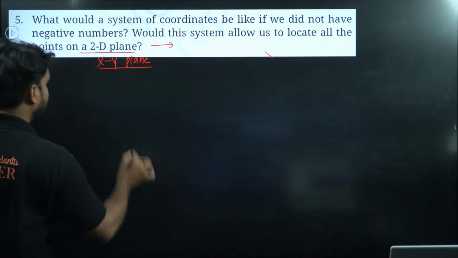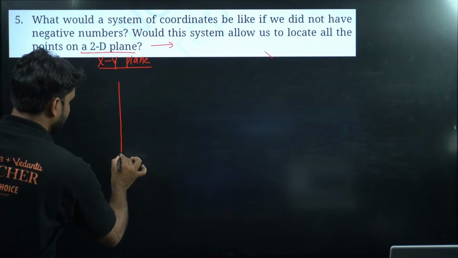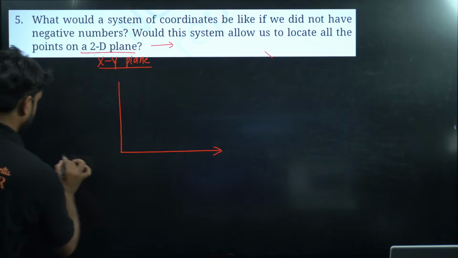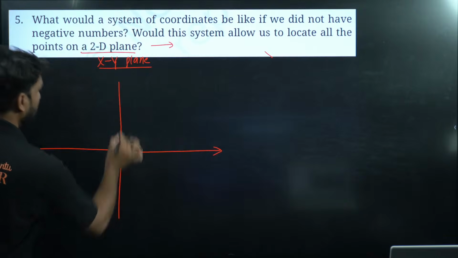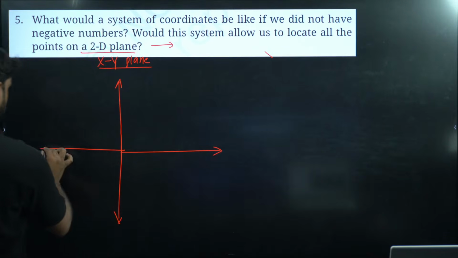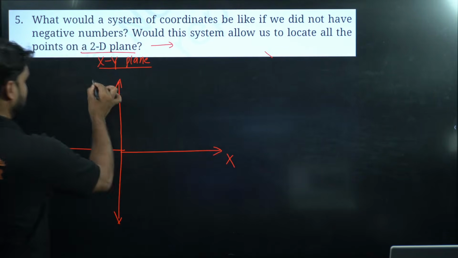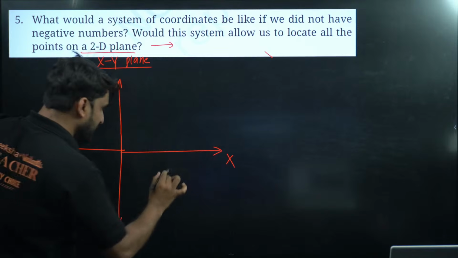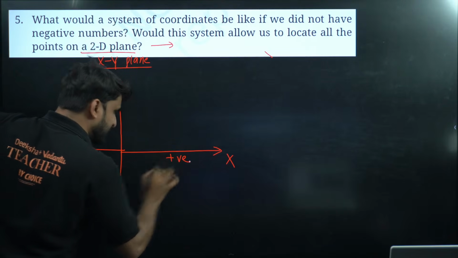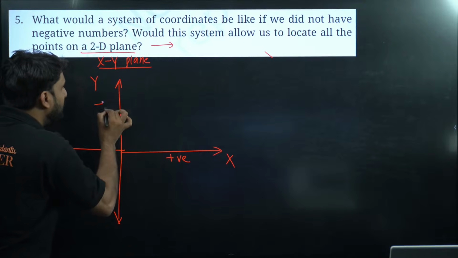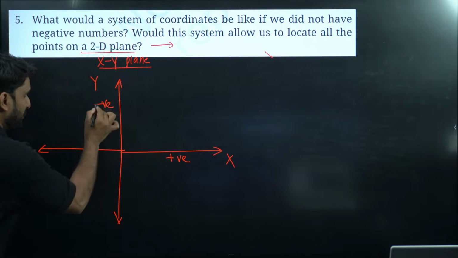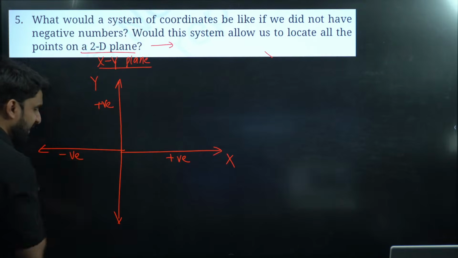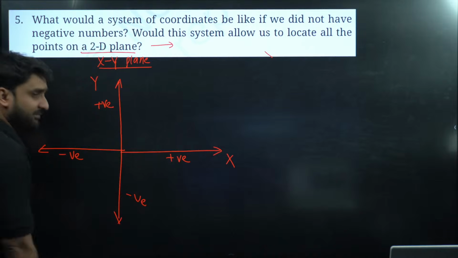So listen, let me show you the system first. This is x-axis and this is y-axis, right? Here all numbers are positive, here and here the numbers are negative.